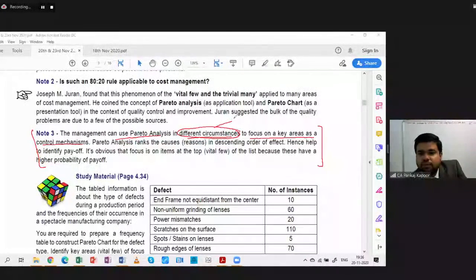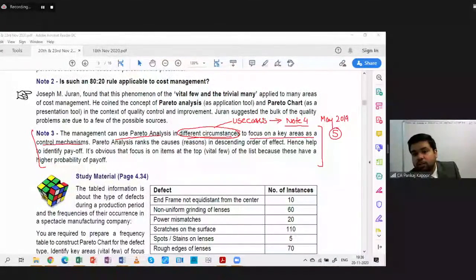These different circumstances are nothing but the various use cases of Pareto analysis, which we'll study in note number 4 of this study note itself. And there was a direct question asked in May 2019 for 5 marks: what are the various use cases of Pareto analysis? We'll solve that question just in the next 5 minutes.